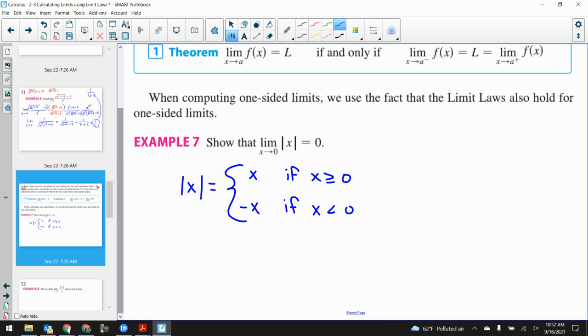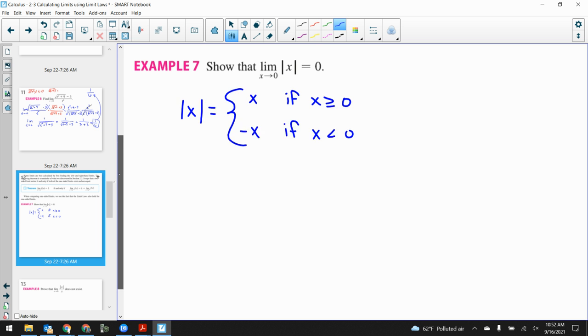Okay, well, let's calculate the one-sided limits. Let's calculate the limit as x approaches 0 from the negative side of it. Well, if x approaches 0 from the left side, then it's the opposite, right?